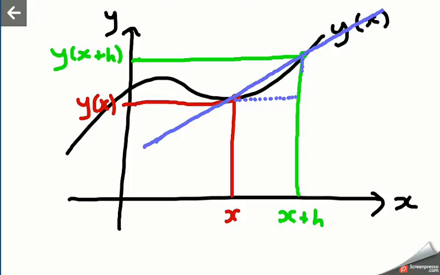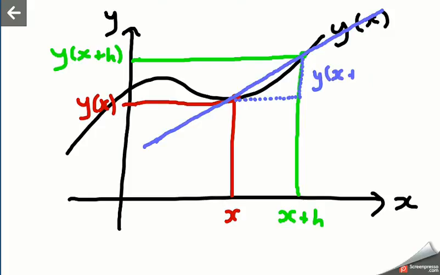Remember, the gradient should be the rise over the run. This thing here is the rise. This thing here is the run. So rise over the run, the height divided by the base, of that right angle triangle there. Okay, so what is the rise? Well, the rise is this distance here. So it's going to be y of x plus h minus y of x.